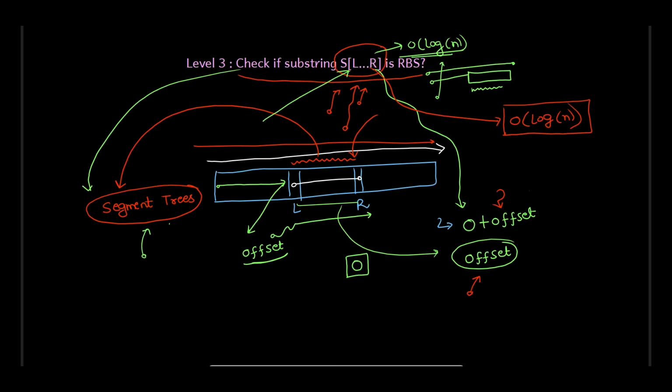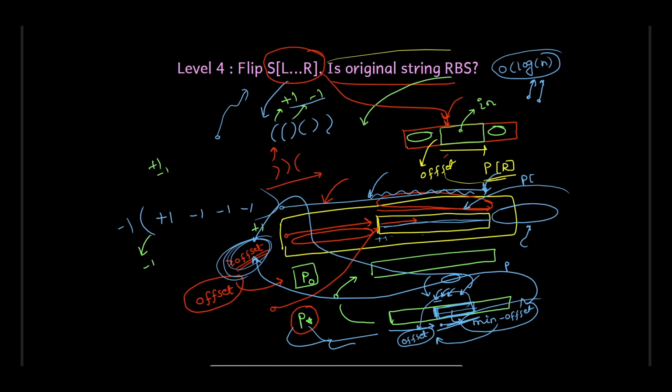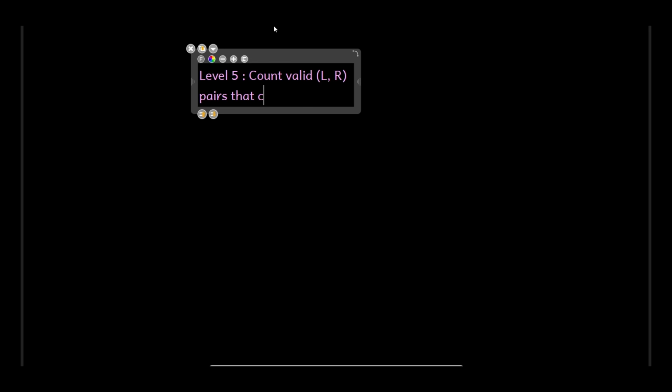How do you do this? So for this version, this is level 5. Count valid LR that can keep S an RBS even if you invert the substring.